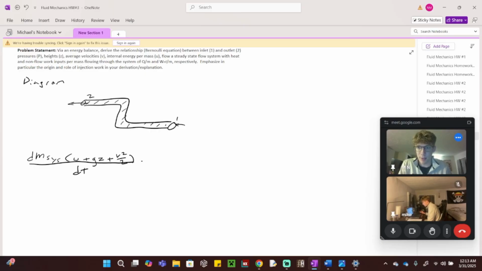And this will be equal to our inlet, so we have m1 dot of u plus gz plus v squared over 2. And remember, this is the internal energy, potential energy, and kinetic energy. Minus m2 dot times u plus gz plus v squared over 2.